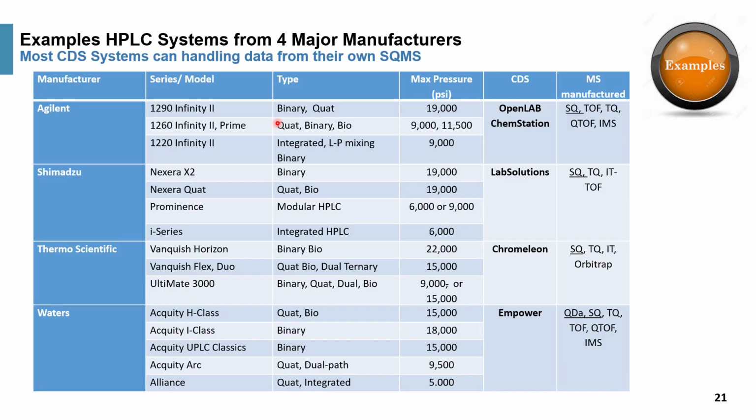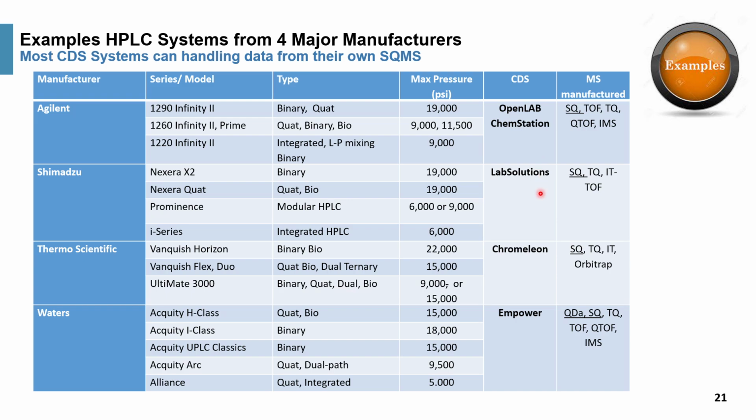The last table is an example of HPLC systems from the four major manufacturers, which happen to be the four major manufacturers of CDS also. Starting from Agilent, Shimadzu, Thermo Scientific to Waters, with their flagship CDS for their chromatographic systems, which is OpenLab. ChemStation is being phased out and only retained for some special situations.